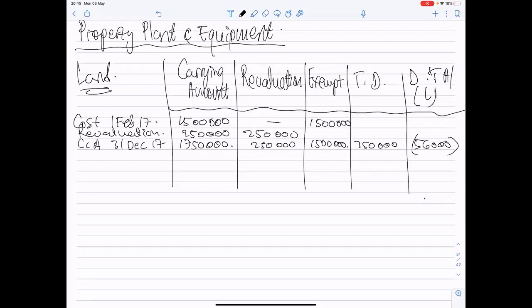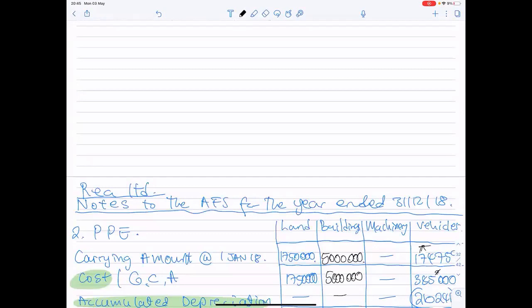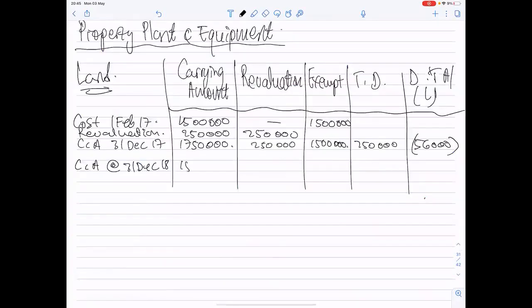Then we come to the year 2018, carrying amount at 31 December 18, the closing balance is 1,875,000.